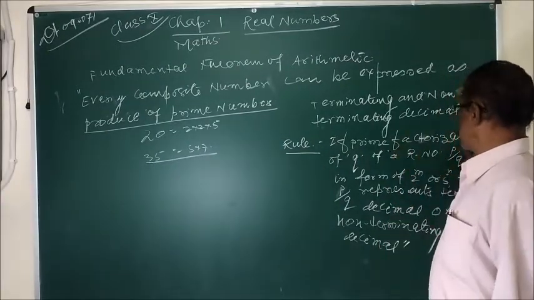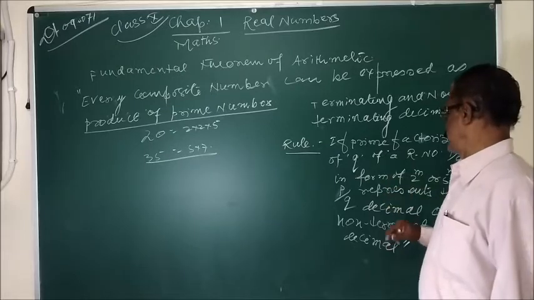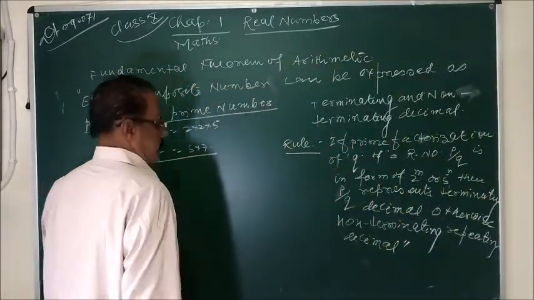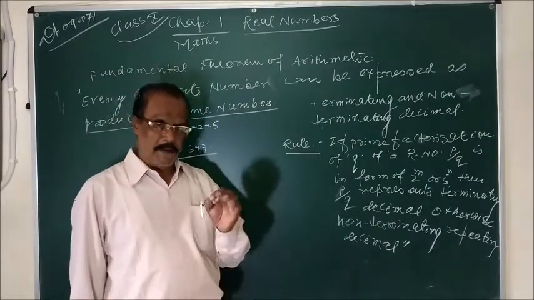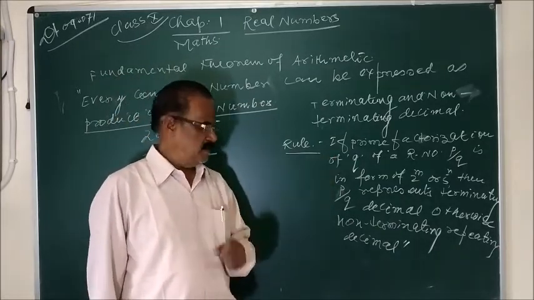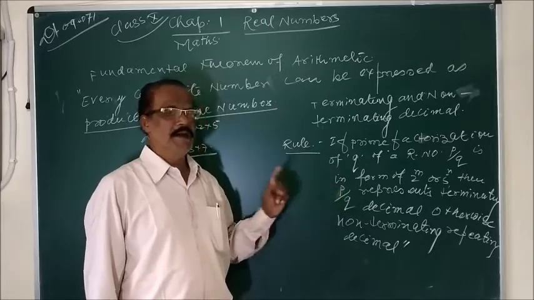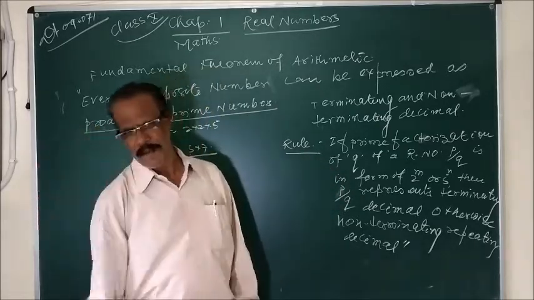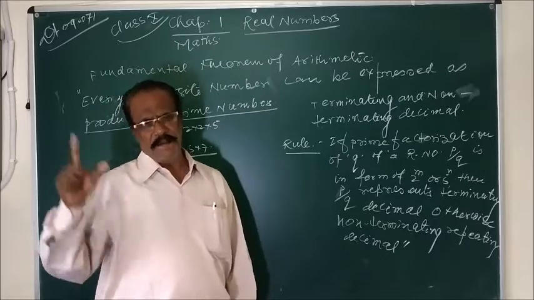If the prime factorization of q of a rational number p by q is in the form of 2 power n or 5 power n, that rational number p by q will represent a terminating decimal. That will be terminating.